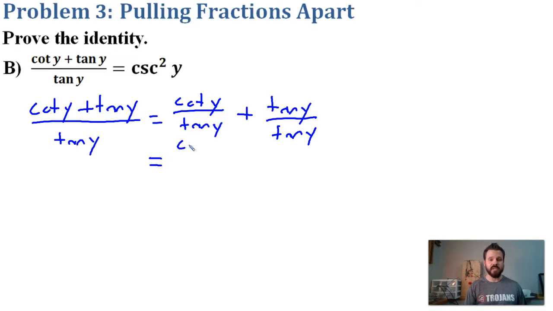So cotangent we could say is a cosine y over sine y, divided by tangent, which is the opposite, which will be a sine y over cosine y. Plus, and for the second fraction, we can just cancel that at this point and call it a 1.